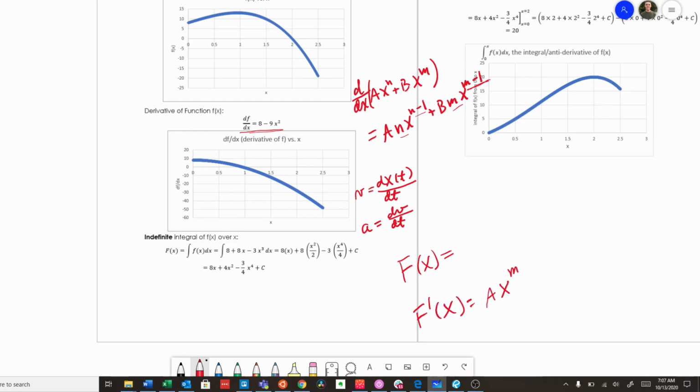So you know that once we take the derivative of this function, it should have a form like ax to the n plus bx to the m. So let's find a function that once we take its derivative will look like this. Well, because of the constant multiple rule, we know that those constants won't really change. So we're going to have both of those constants plus something.